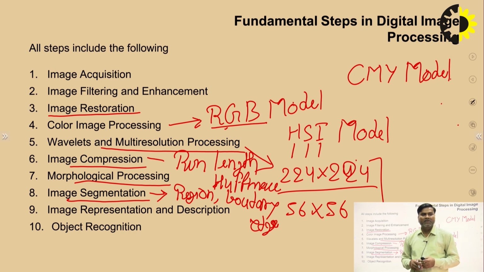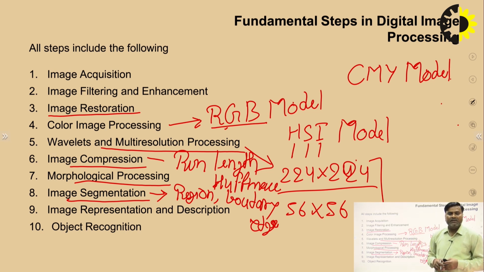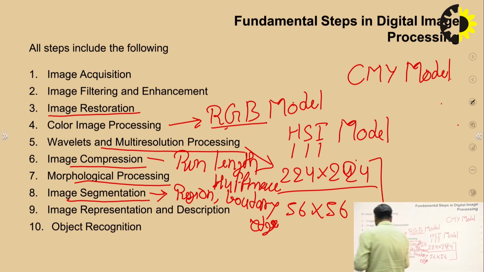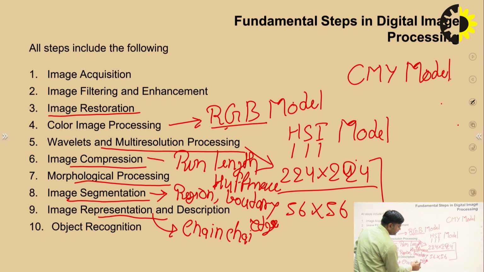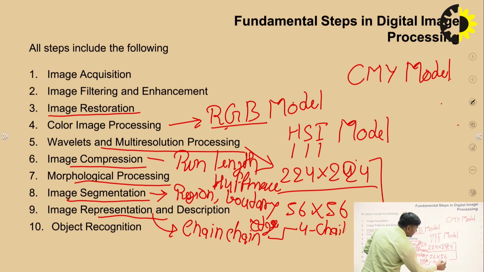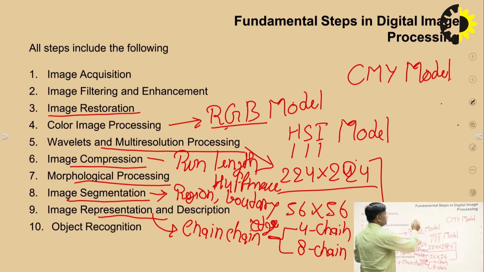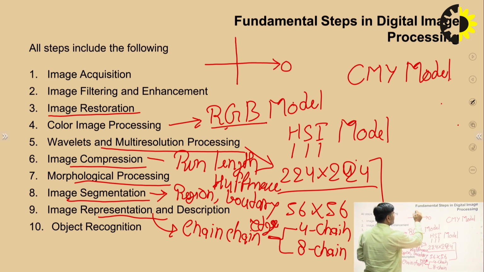And if you talk about image representation and description, basically for image representation we use the chain code to represent the image, and we have 4 chain code or 8 chain code. If we talk about the 4 chain code, we have to keep in mind the directions 0, 1, 2 and 3.